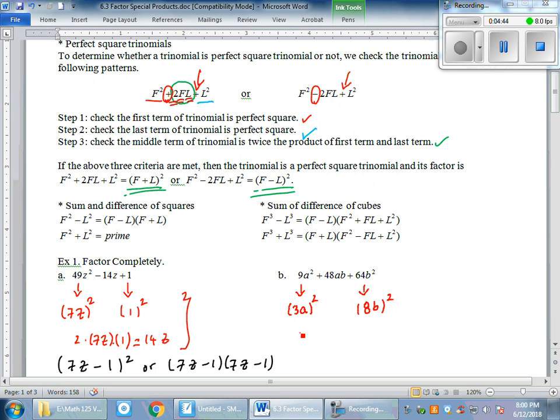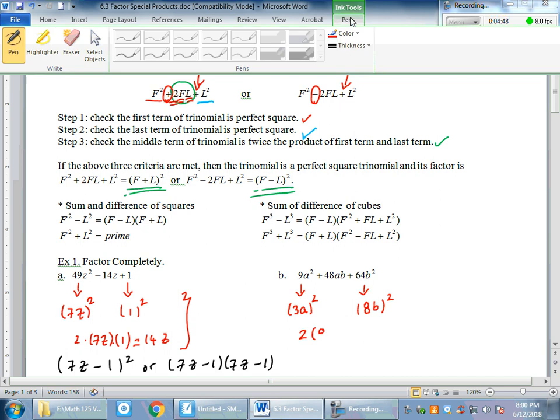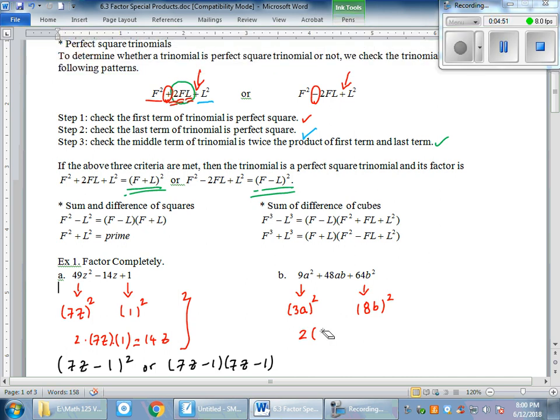Is the middle part 2 times first times last or not? So 2 times 3 is 6. 6 times 8 is 48ab, which is the middle term that we need. Again, this portion will be the mental math part later on.